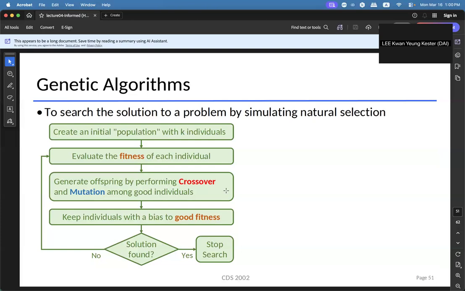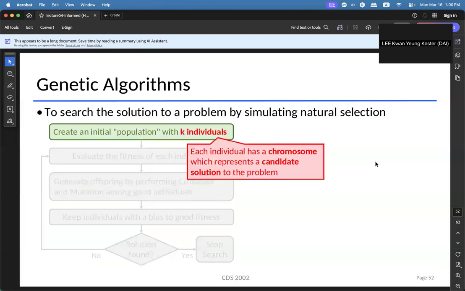So essentially what we are trying to do is to simulate natural selection. The core principle of genetic algorithm is that we try to simulate natural selection.